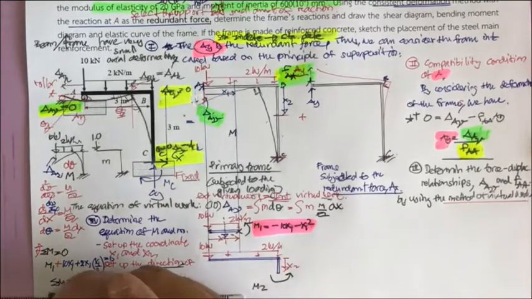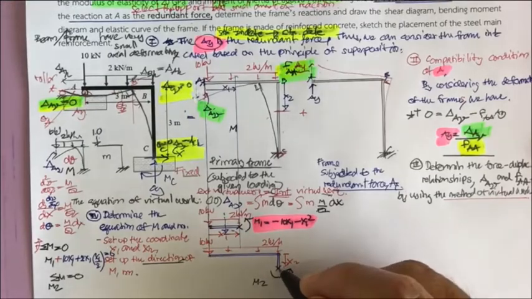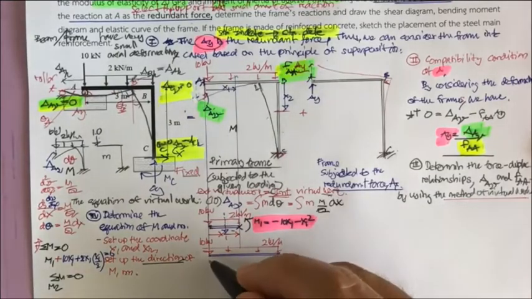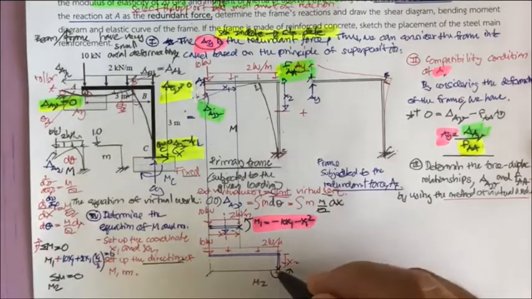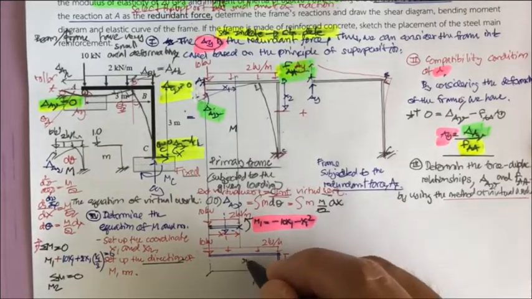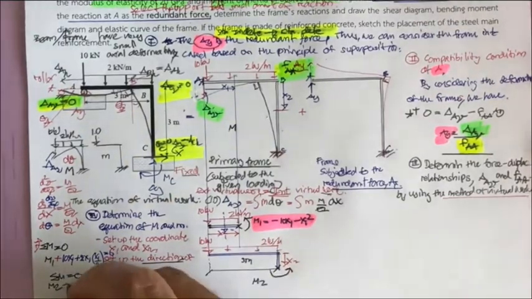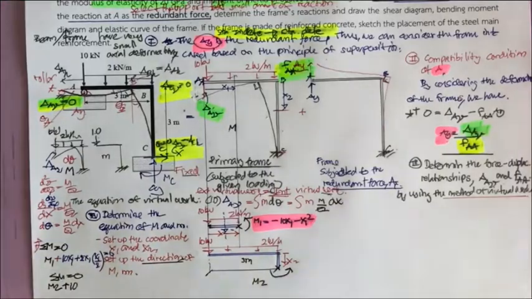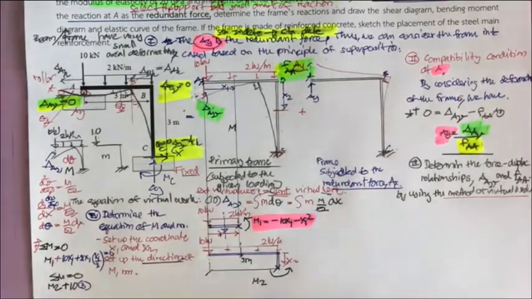Now, our M2 is here. M2 is going to take here. What we have is this one going to have this kind of moment arm of 3 meters, and it's going to be the same direction. So plus 10 times 3. And then what we have is this one. It's going to be 2 times 3.